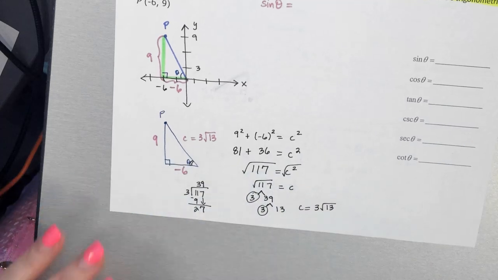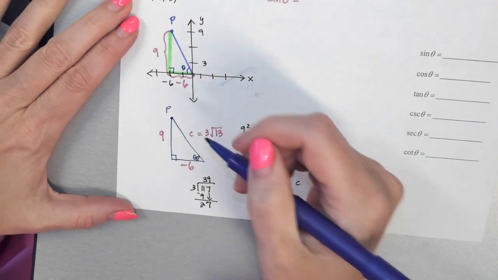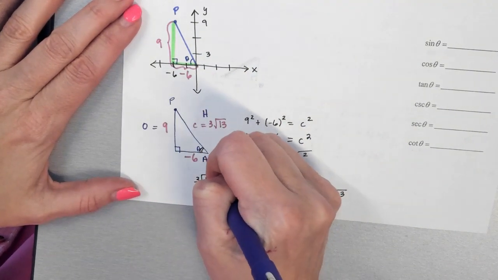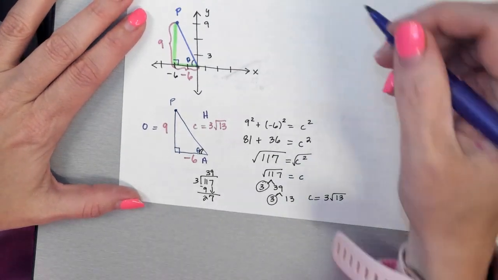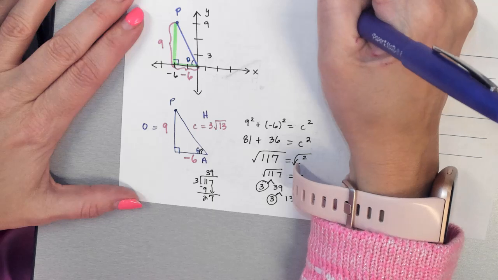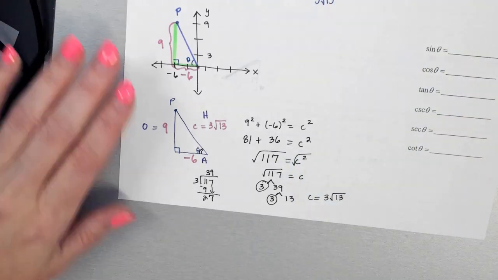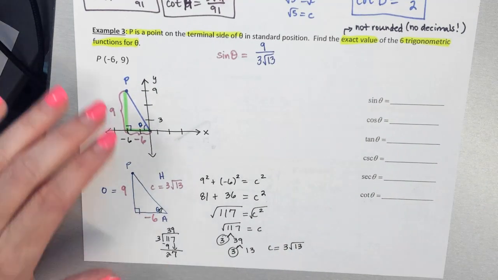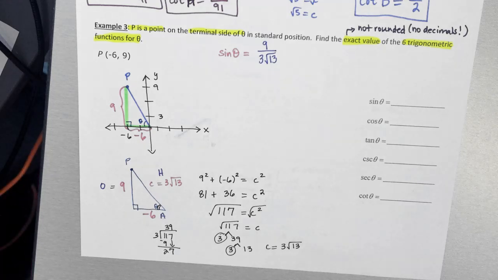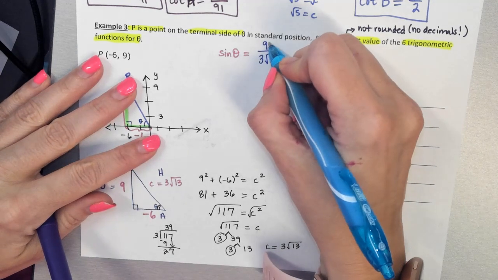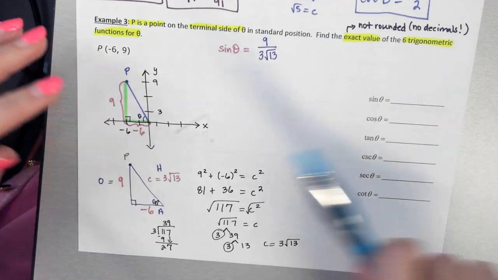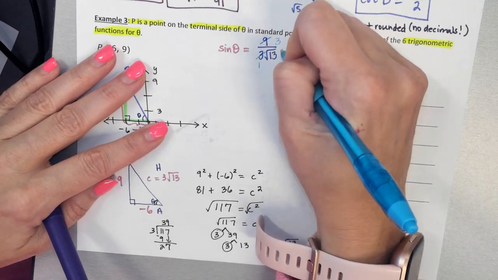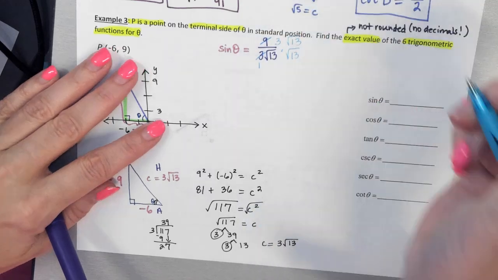So once you know where theta is, now you can do the opposite, the adjacent, and the hypotenuse. We have the hypotenuse here. Our opposite is 9. Our adjacent is negative 6. So the sine is 9 over 3 root 13. Okay, you can go ahead and simplify that. So 3 goes into itself once, goes into 9 3 times, and then you are going to have to rationalize.